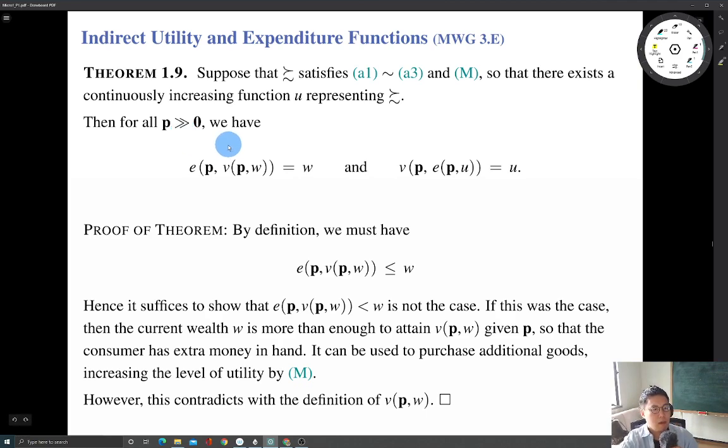All right, and then the first relation tells us, originally expenditure function depends on price vector P and U. But in place of U, if we substitute indirect utility, we obtain this consumer's wealth.